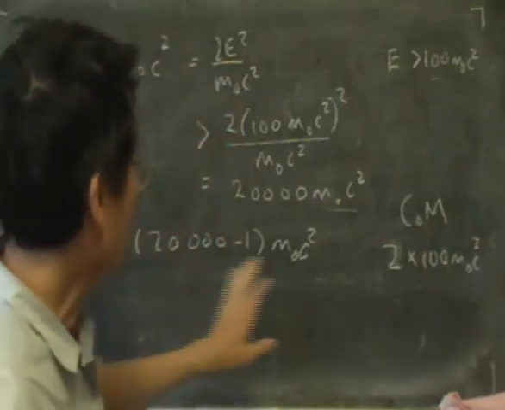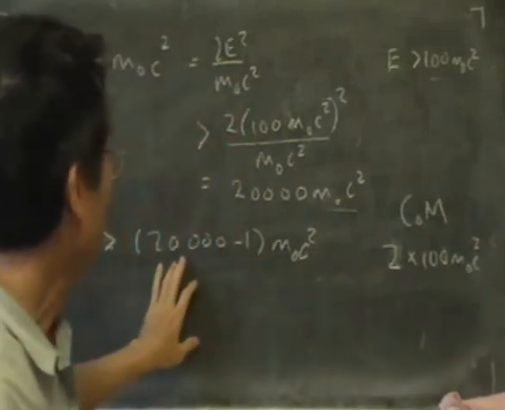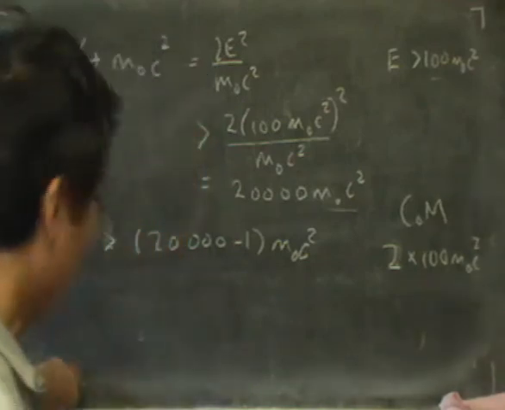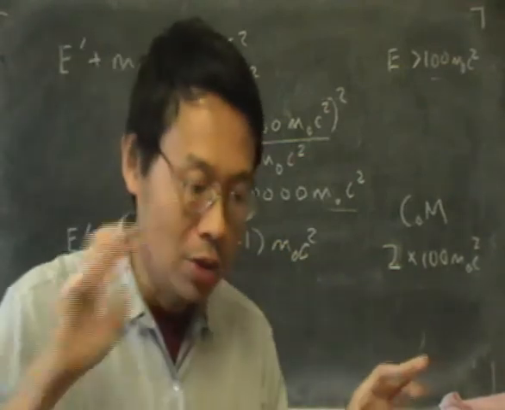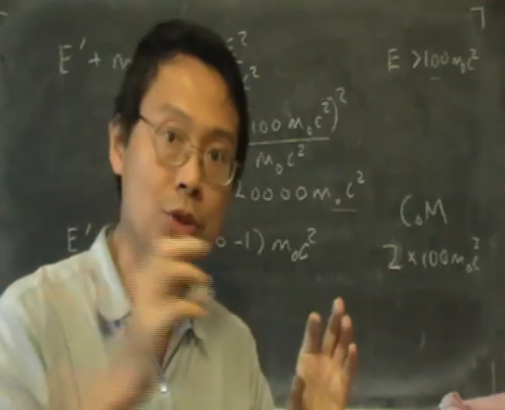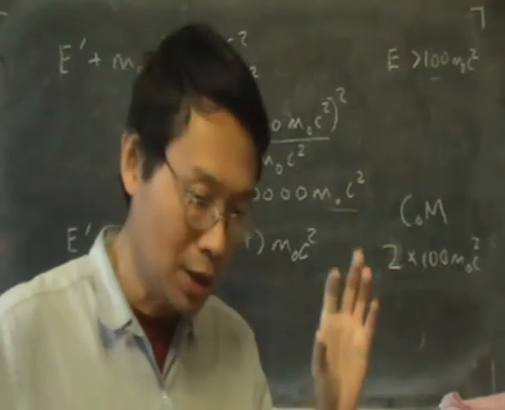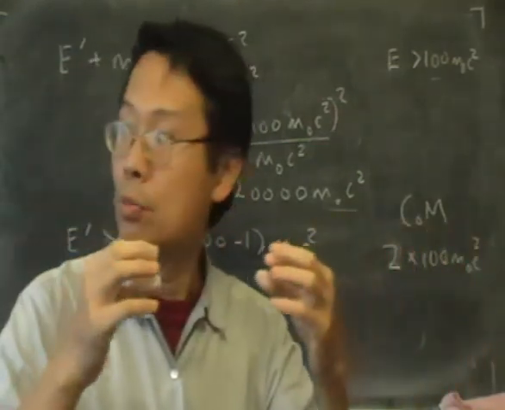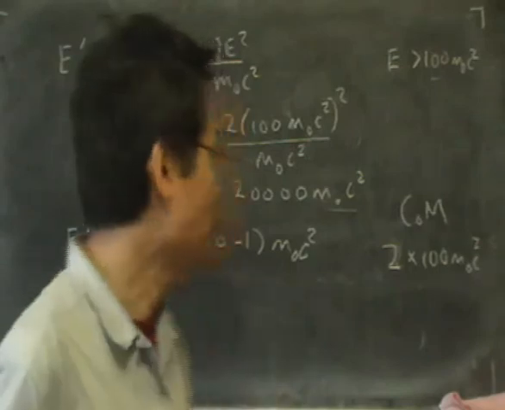So if you compare the two, you see that this is about 100 times more. That means that if you have a fixed target frame, you would need 100 times the energy for the incoming proton compared to if you're in the center of mass frame where both particles are coming together.